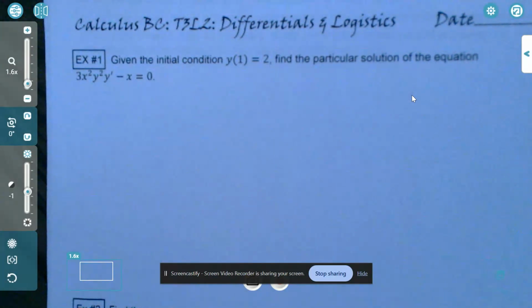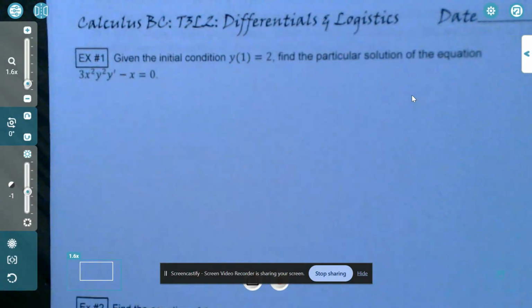All right. So reading problem number 1. Given the initial condition y(1) equals 2 and the particular solution of the equation 3x squared y prime minus x equals 0. Okay, so we're going to try to isolate our y prime here.